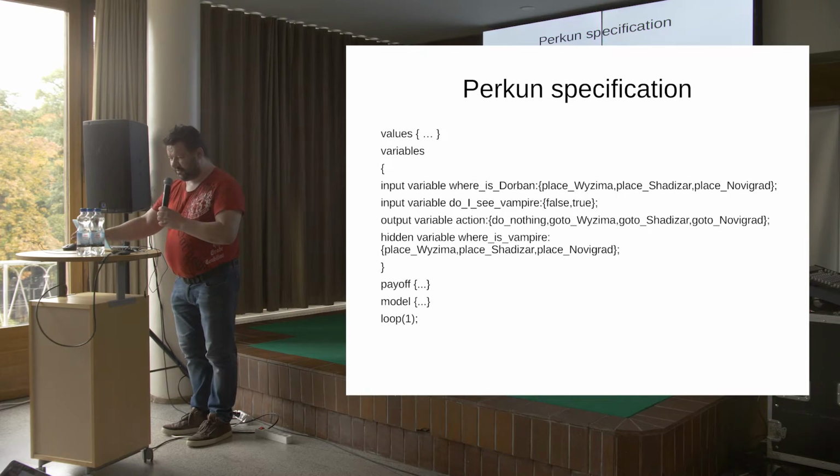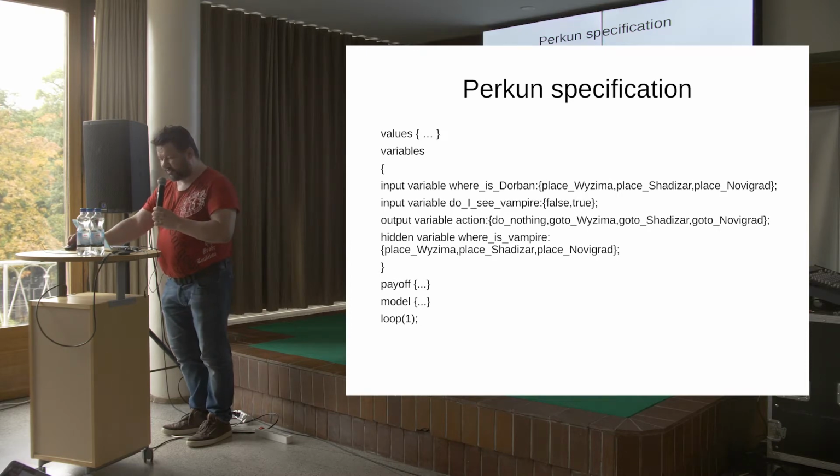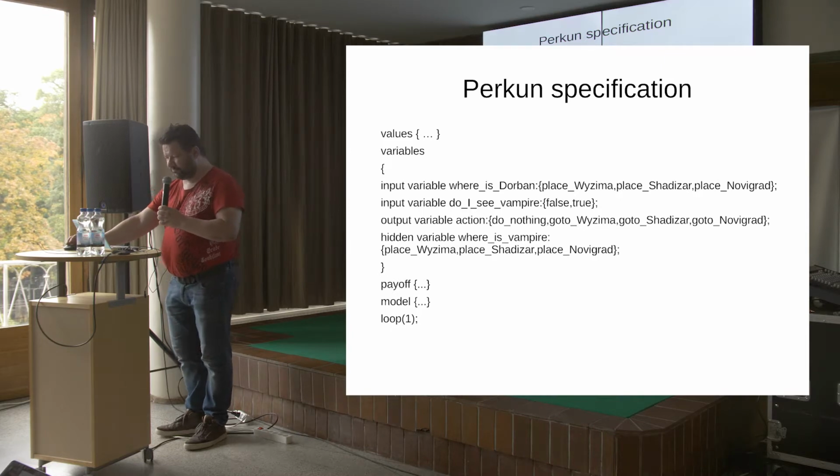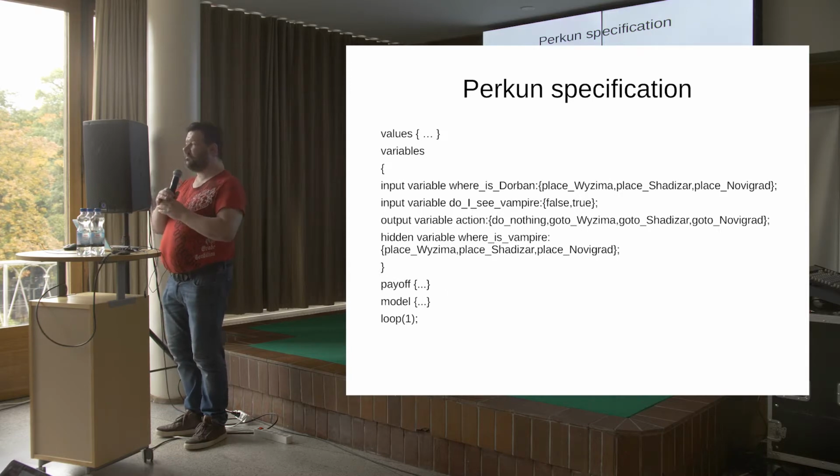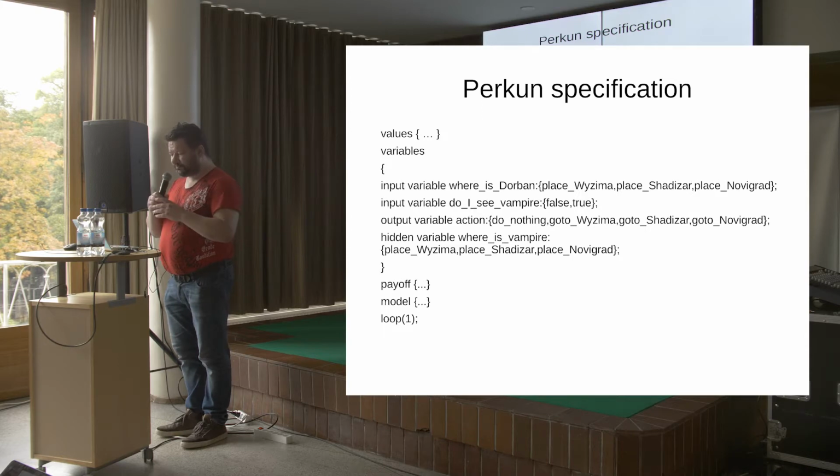So for example, there's an input variable, where is Dorban? This is taken from the Dorban specification. Dorban is this NPC who is hunting the vampire. And he may be in one of the three places: place Vizima, place Shadizar, place Novigrad. And input variable, do I see vampire? False, true. So we have 6 possible input combinations.